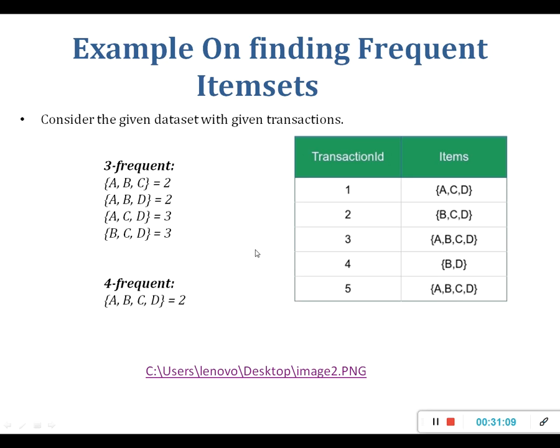Now I want to find out whether they are maximal or not. We are not drawing the diagram, but we can mention it in words also.